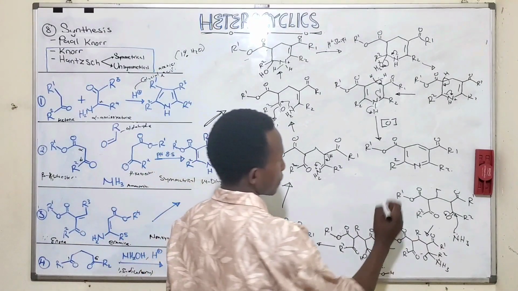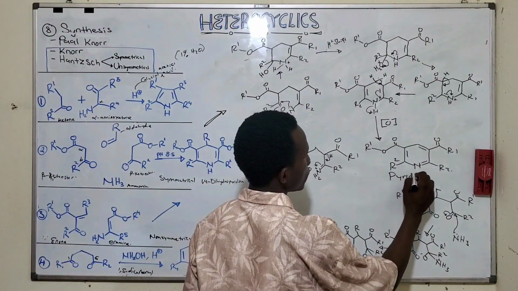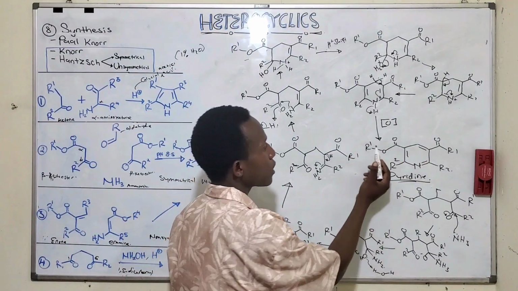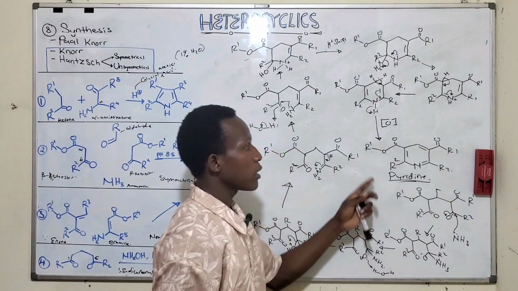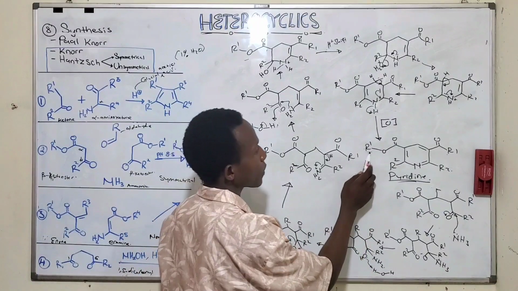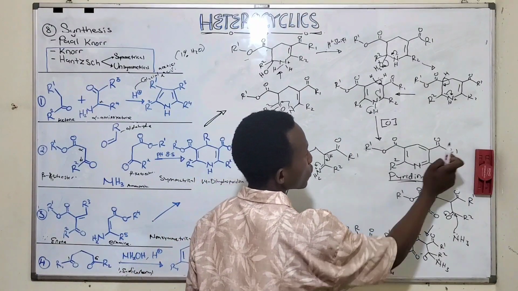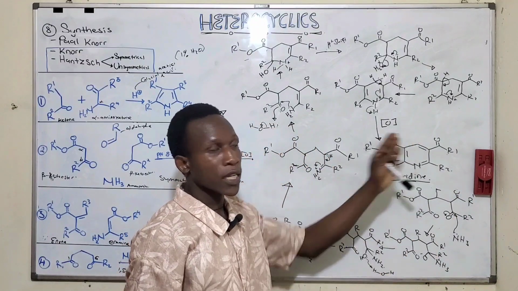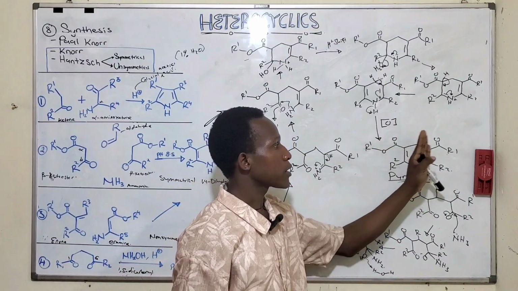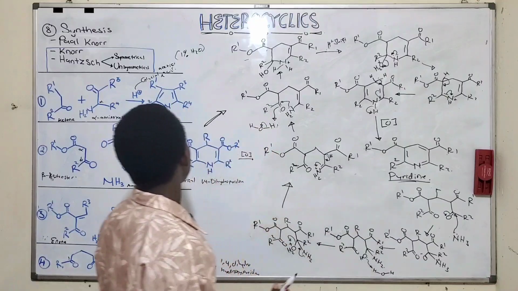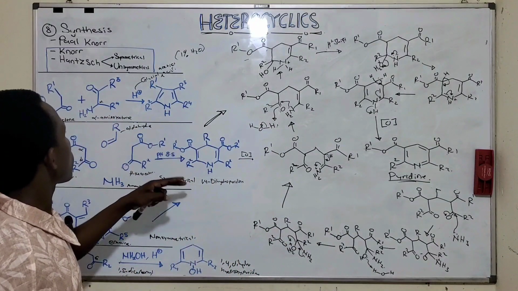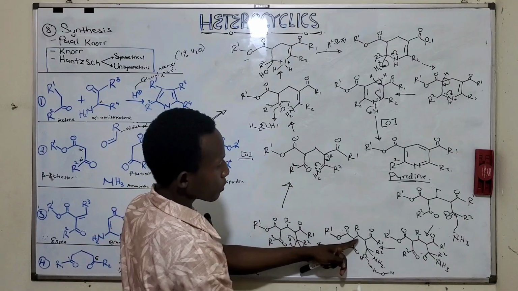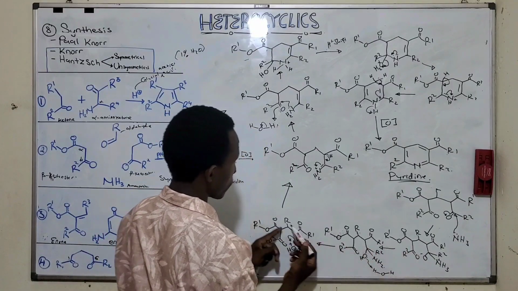This is the pyridine. It has substituents. These R groups can be any substituent. This one can be an ethyl group, also this one ethyl group. If this one is methyl, also this one is methyl. So both sides are the same. This side is a mirror image of this side. Okay, we had an R group here. Please don't forget this R group here.